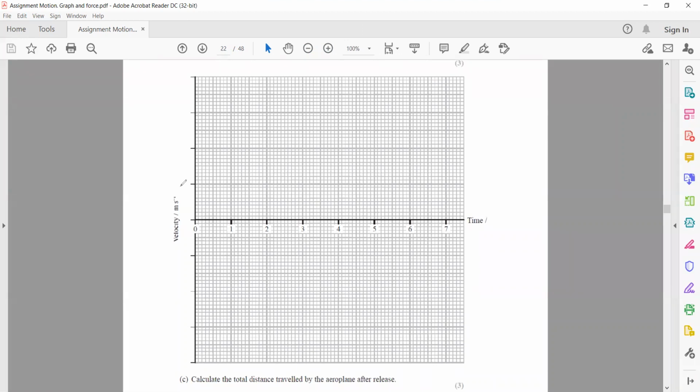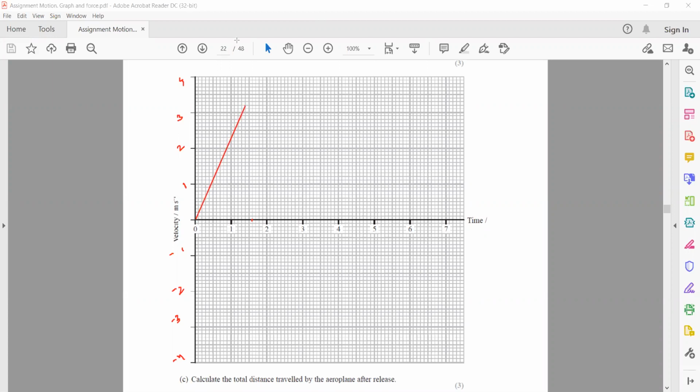So this one is 1, 2, 3, 4, and the same thing, minus 1, minus 2, minus 3, minus 4. So for 1.6 seconds it reaches 3.2, and it was a constant acceleration, so a straight line.